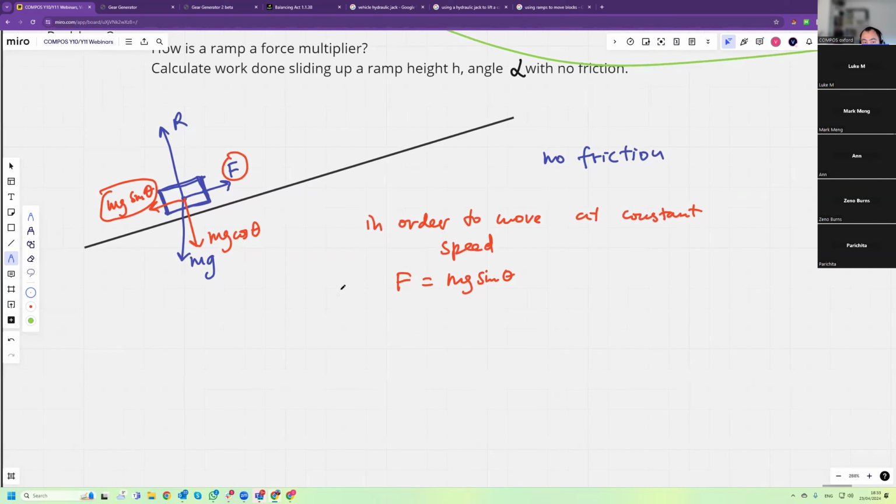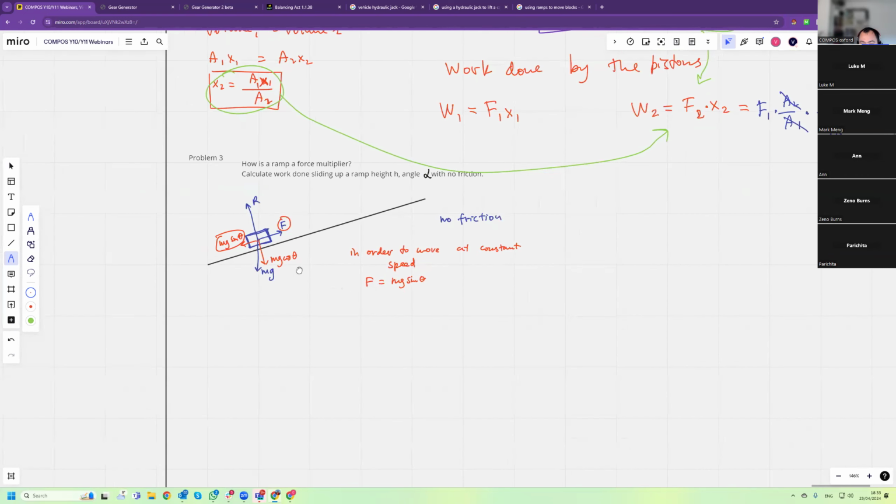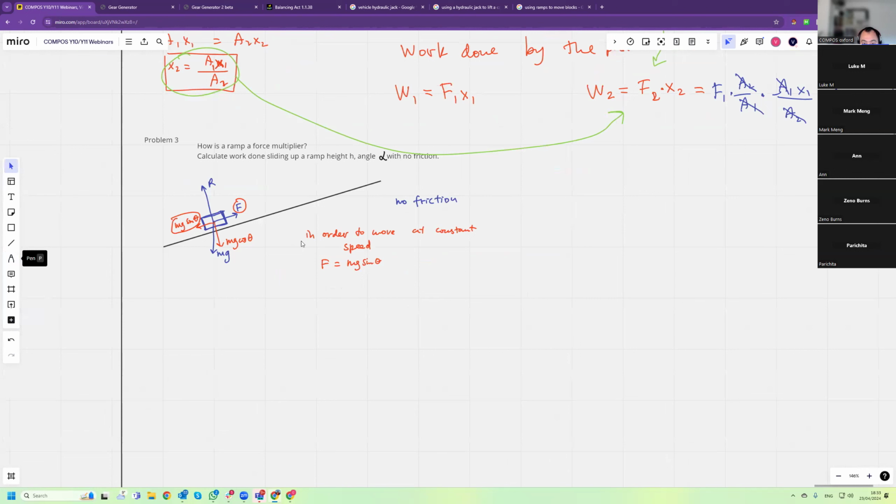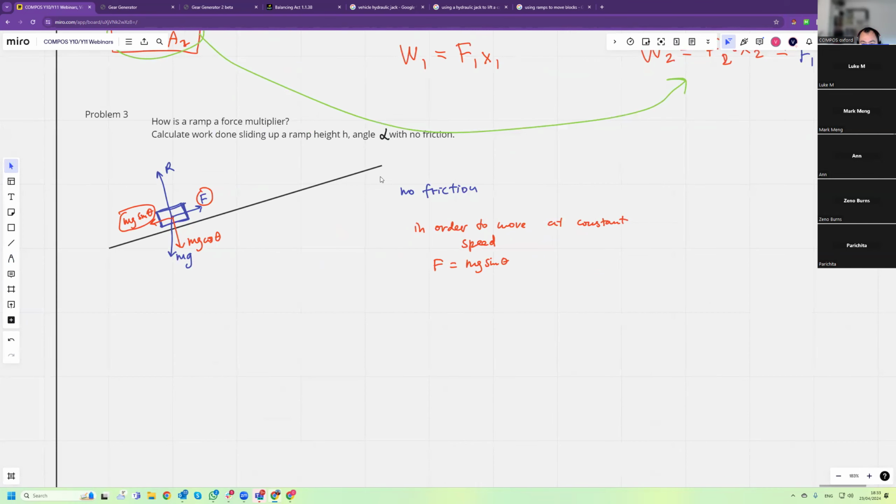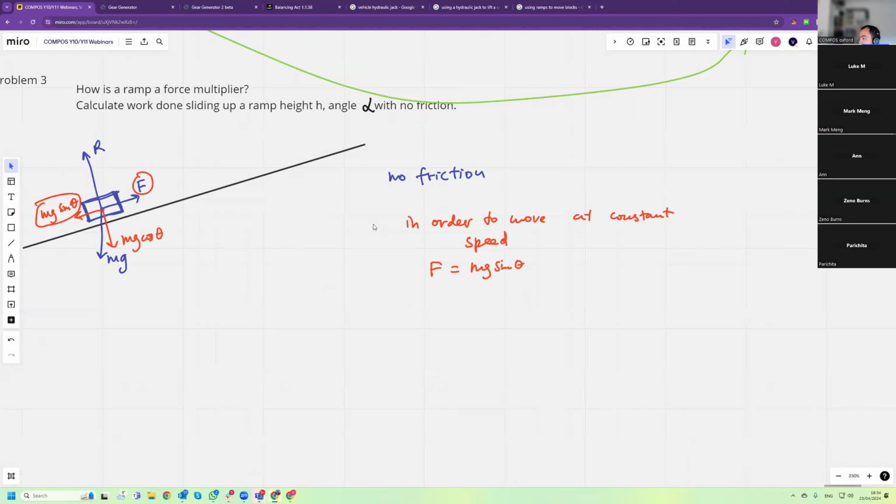All right. Your aim is to get the block from here to here, from the ground to the top. If you were lifting it, you would need mg. Easy, right? Because to lift something, you need to apply a force which is exactly mg.